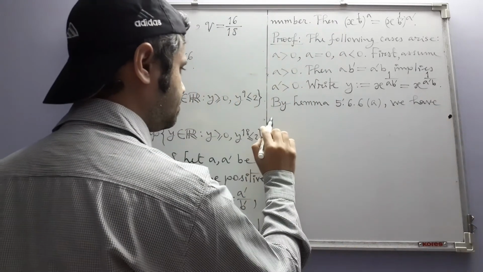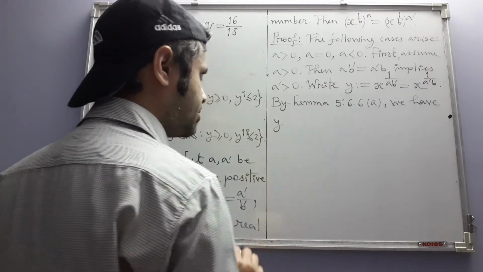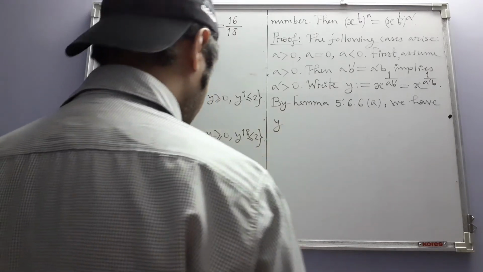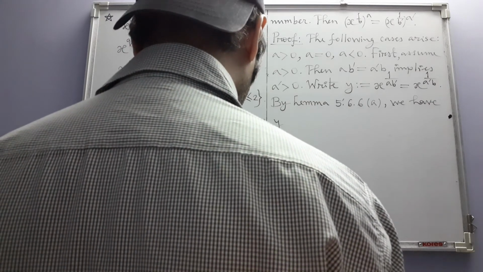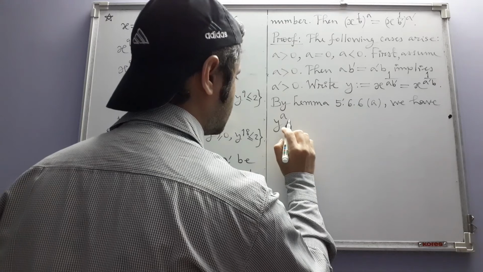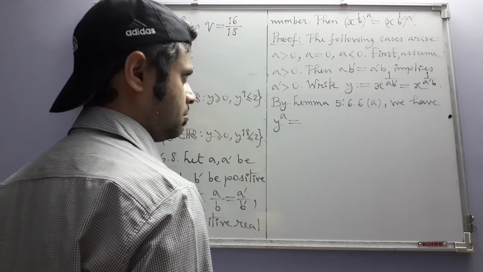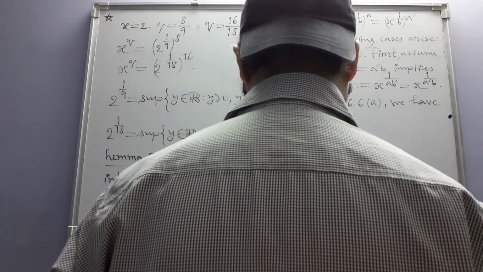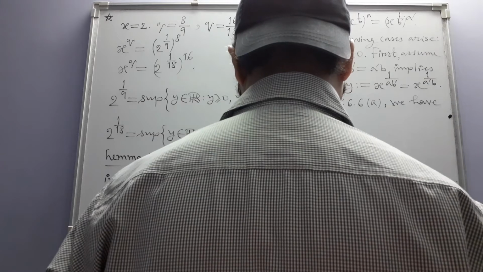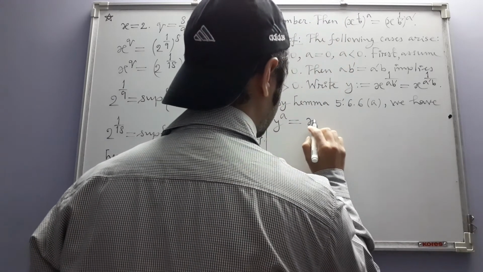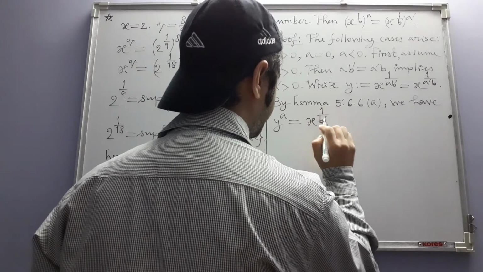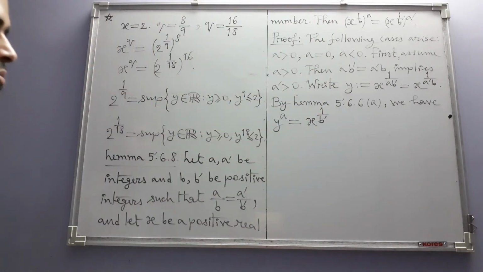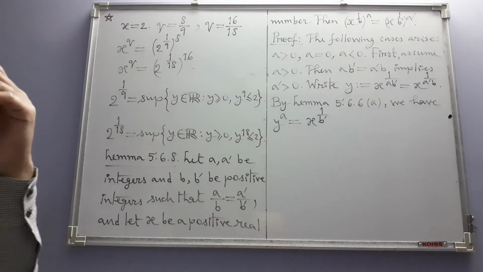we have, what happens when we calculate the a-th power of y? The a-th power of y is the b prime root of x. Can we directly conclude this?